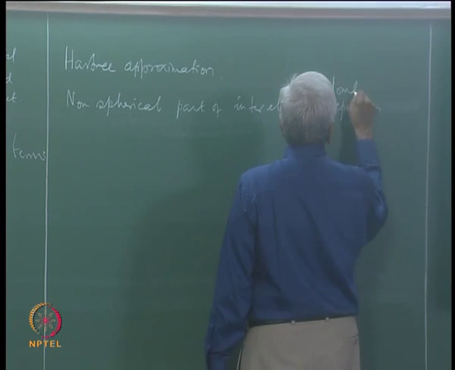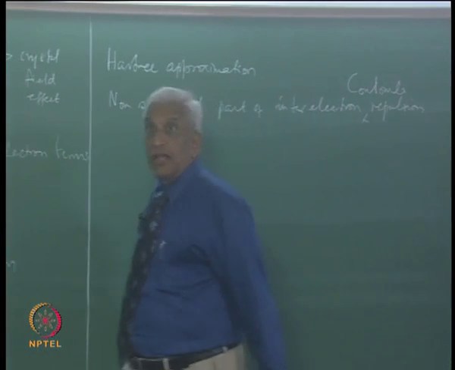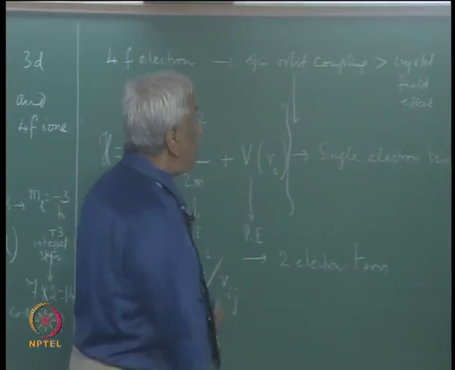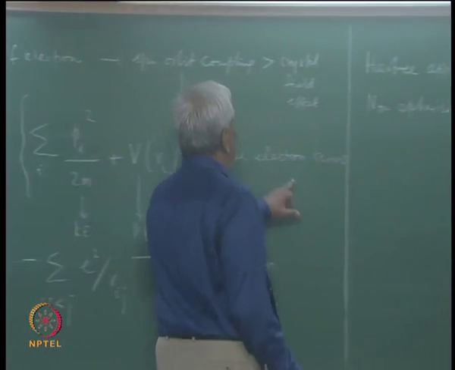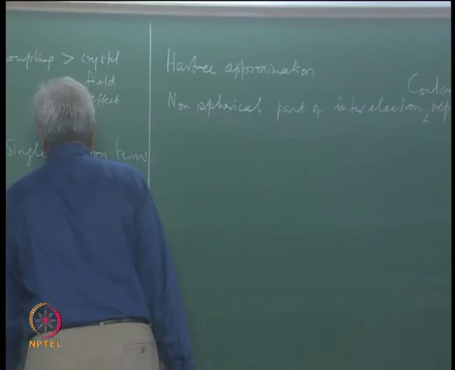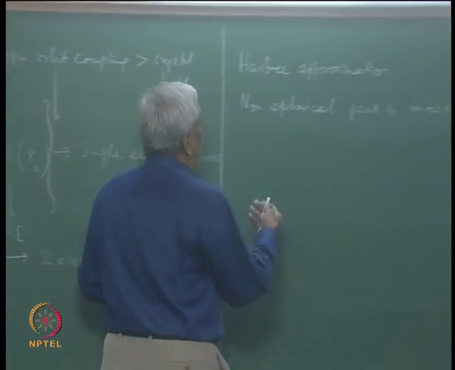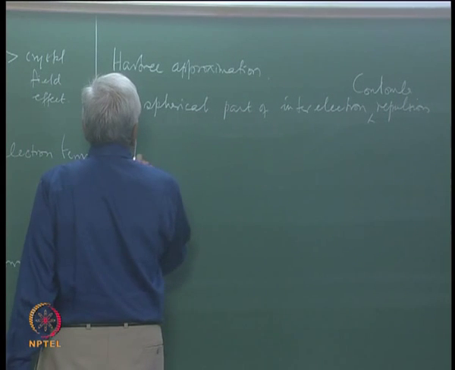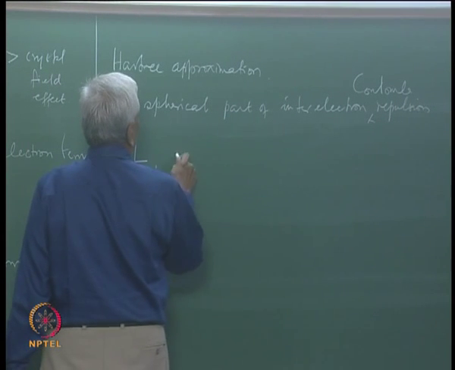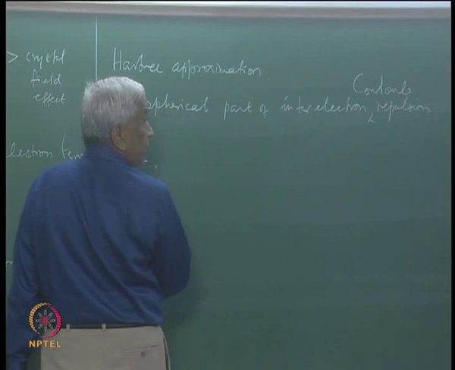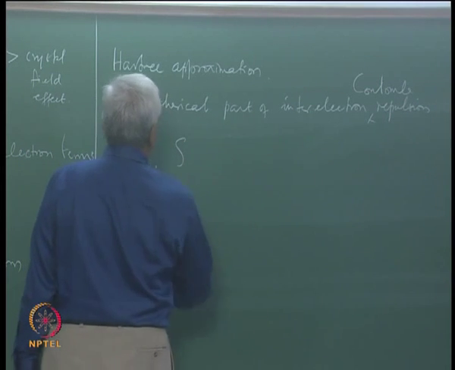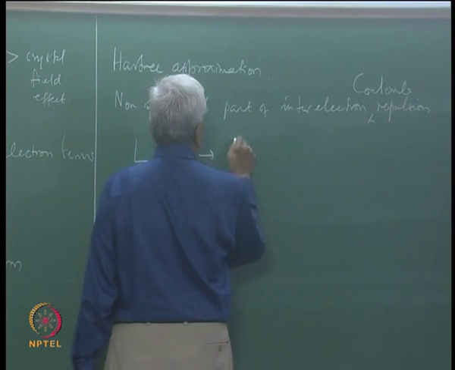This non-spherical part couples the individual l's and s's of the single electrons and produces a total orbital angular momentum L, and a total spin angular momentum S.